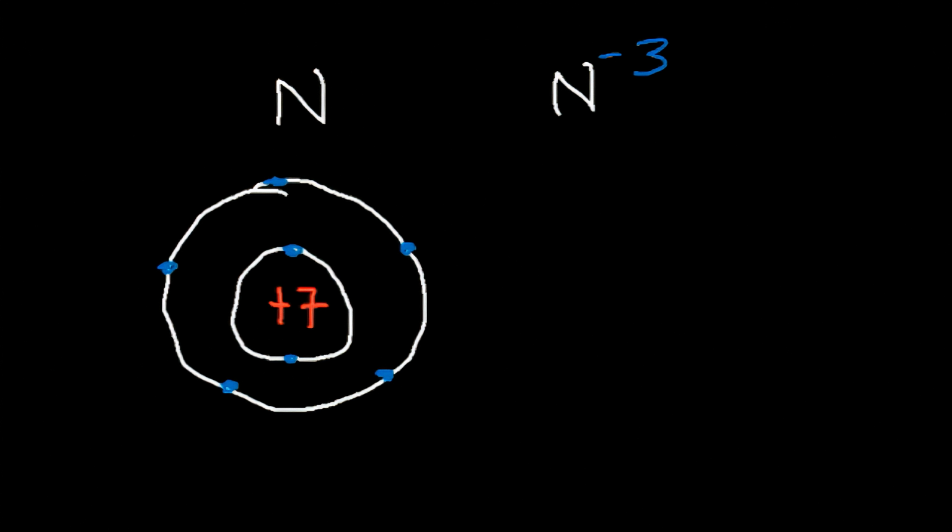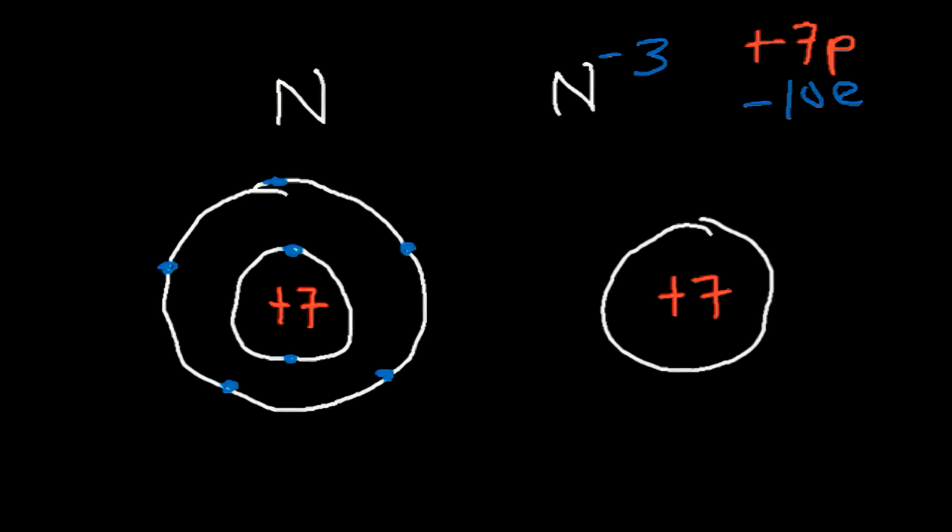Now the nitride ion has 3 more electrons than protons. It has 7 protons and 10 electrons. Protons have a positive charge, electrons have a negative charge. If you add these two numbers, you're going to get a net charge of -3. So let's draw the picture for the nitride ion.